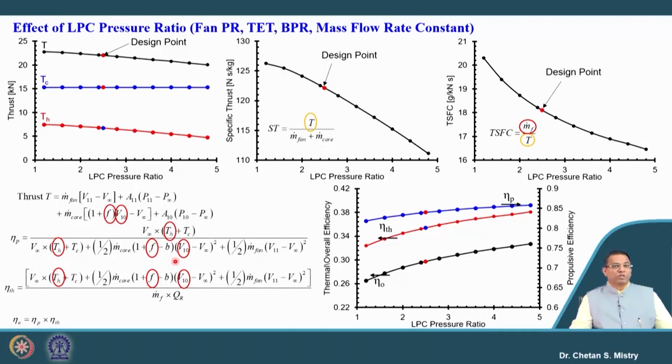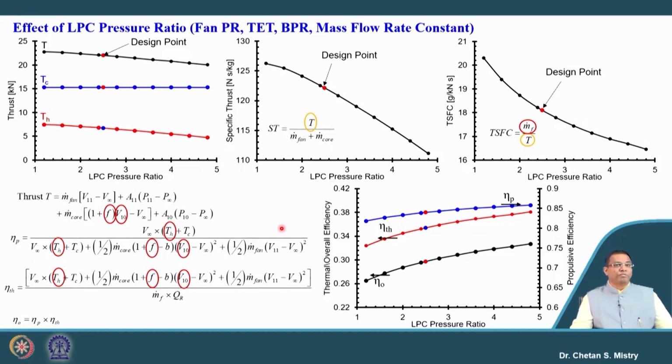The second impact is on the hot thrust. The third impact is with the exit velocity, and V10 we know is the exit velocity from our turbine nozzle. So they will have a direct impact on these parameters. So this LPC pressure ratio, it says we will have a reduction in the thrust.